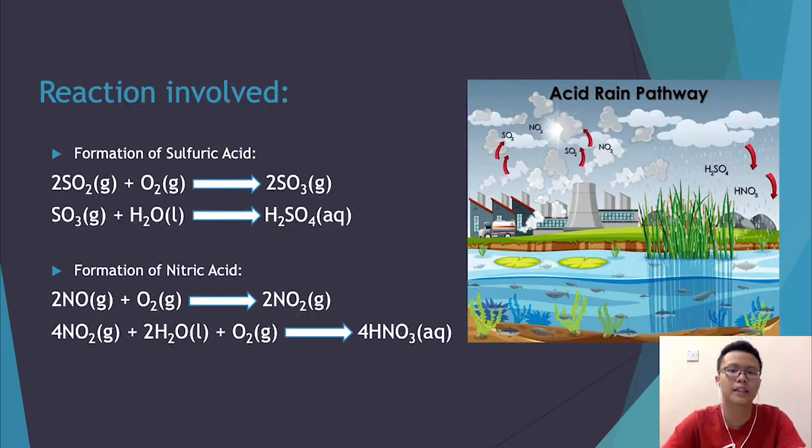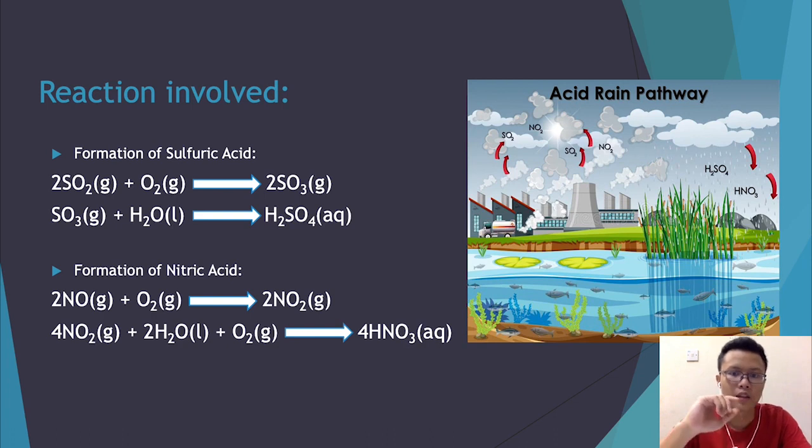Now let's discuss the reactions involved in the formation of acid rain. First of all, the formation of sulfuric acid. Like I said, when we burn fossil fuels, SO2, or sulfur dioxide, will be released into the air.